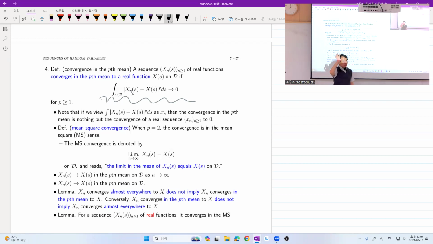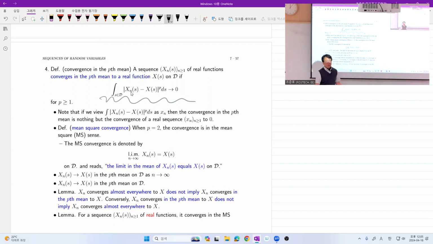the error energy, when p equals 2, parameterized by n, converges to 0, which means that for sufficiently large n, the energy of the error signal is sufficiently small.